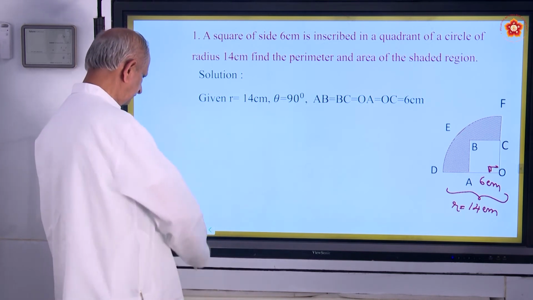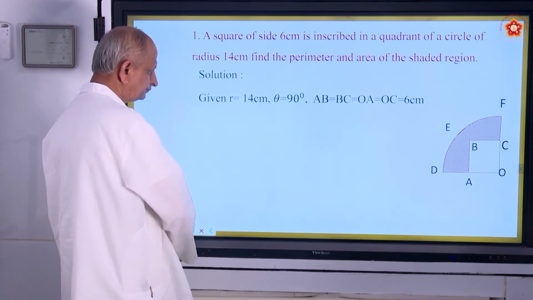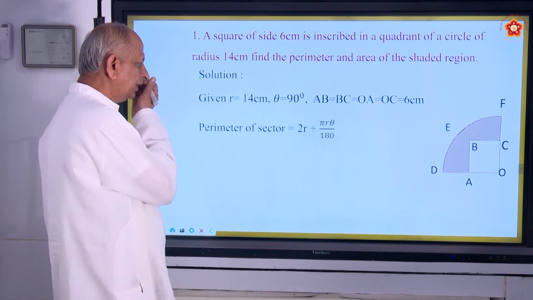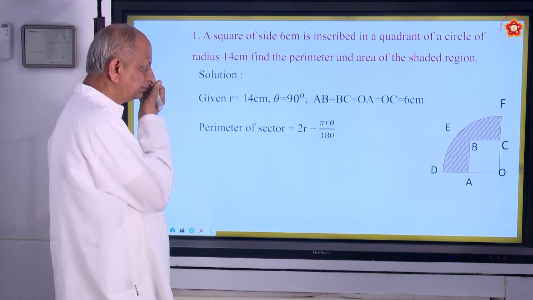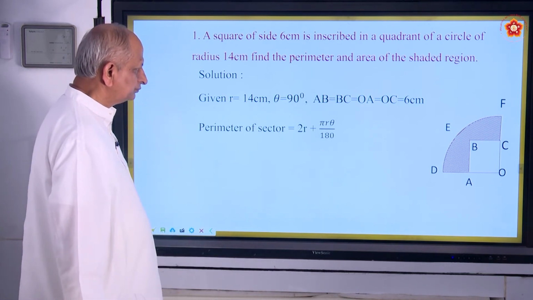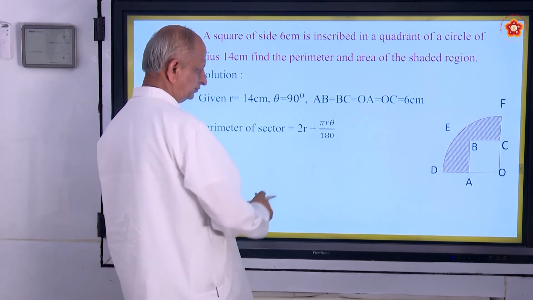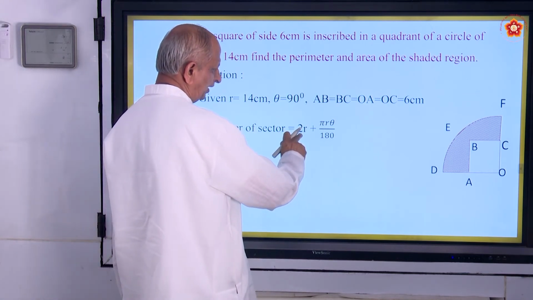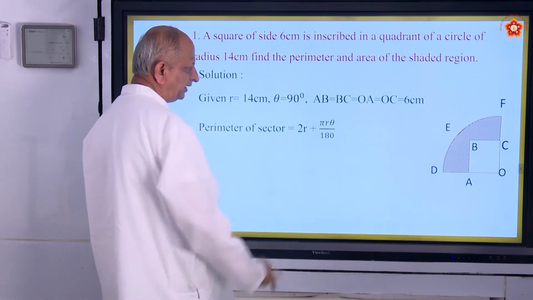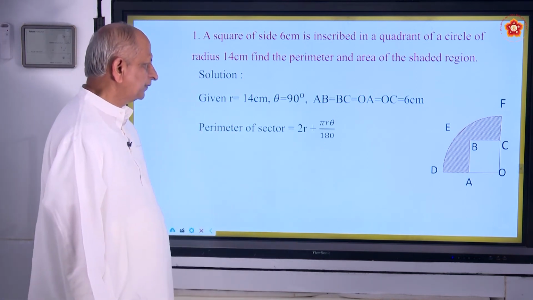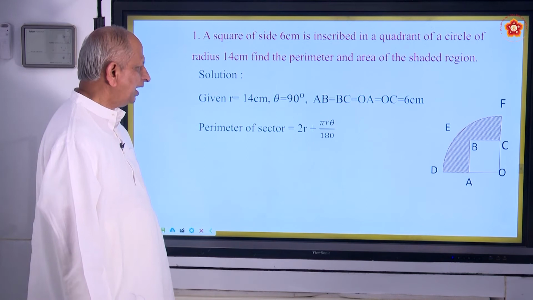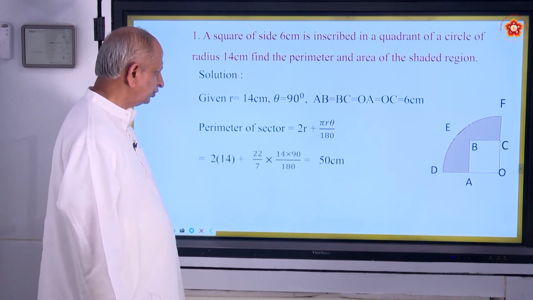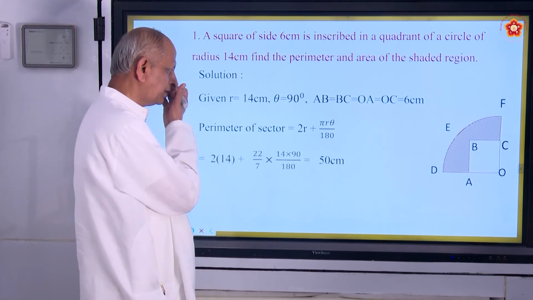Now the question is, you have to find the perimeter of the sector. It is called a sector. So here you have the formula 2r plus pi r theta by 180, and r is 14. So 2r becomes 2 into 14.